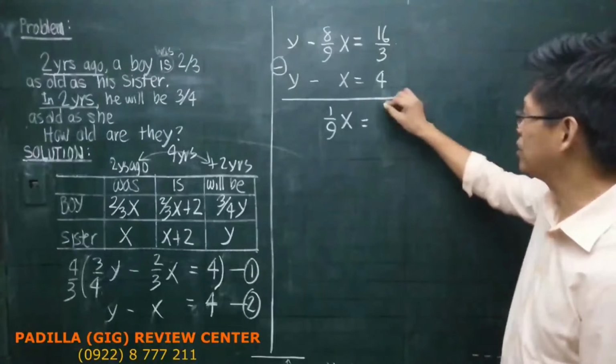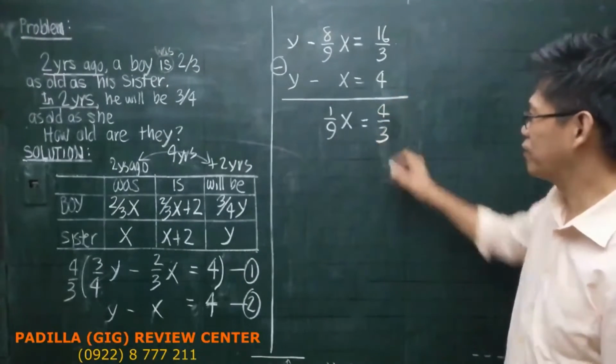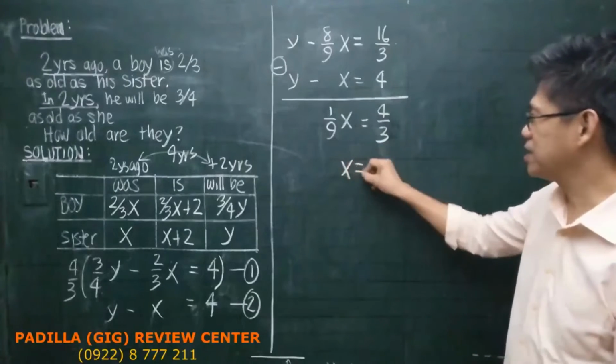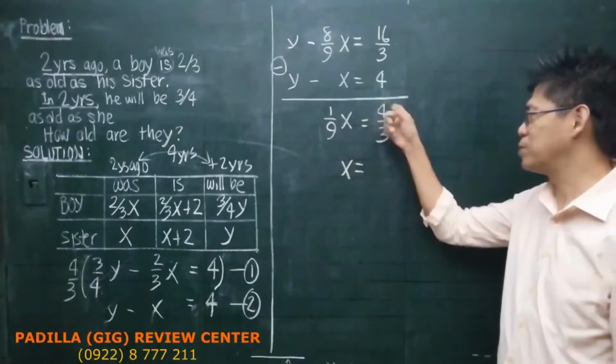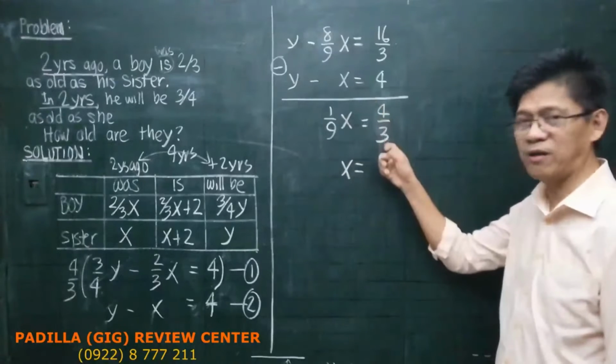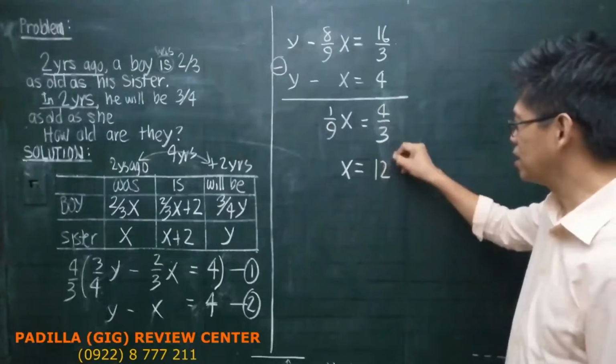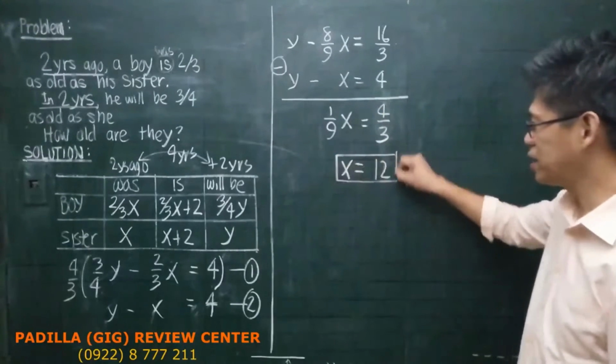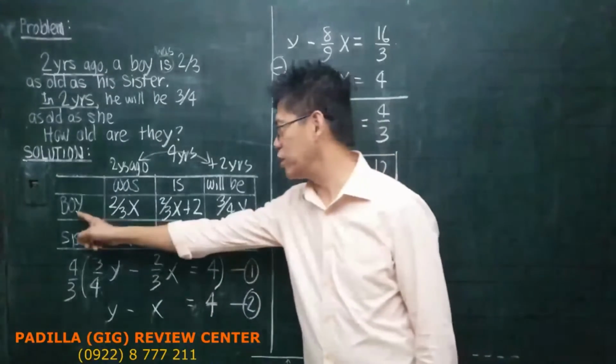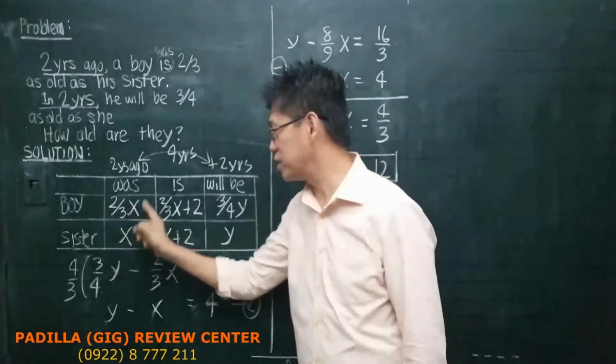On your calculator, that is 4 over 3. Solving for x, that would be 9 times 4 over 3, or 9 over 3 times 4, which is 12. So, x is 12.